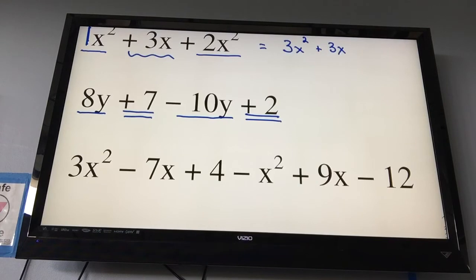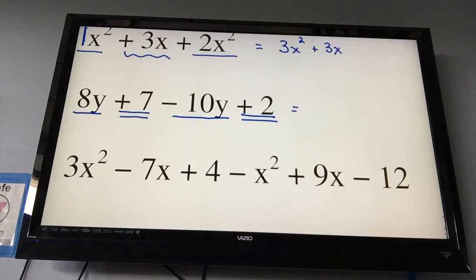So positive 8y and minus 10y, 8 minus 10 is negative 2y, and positive 7 plus 2, positive 9. If you know that adding and subtracting positives and negatives is your weakness, then use a calculator, please. Okay? Use the calculator. You have access to it 100% of the time.